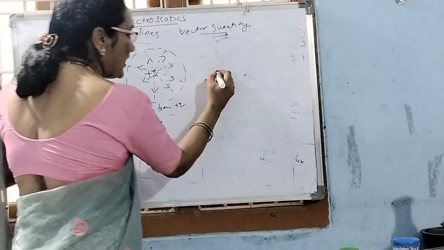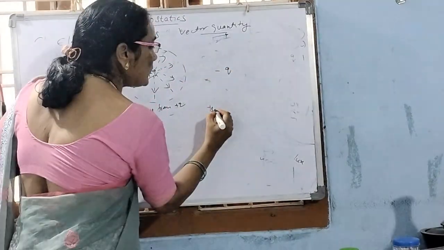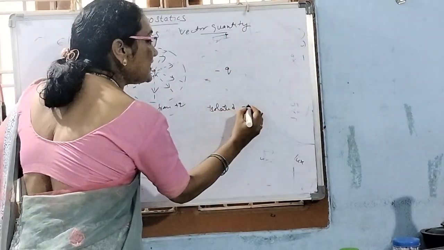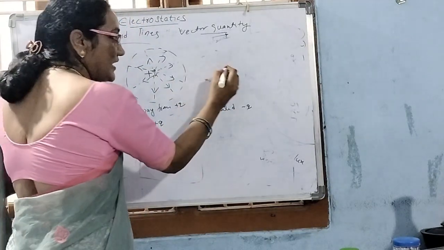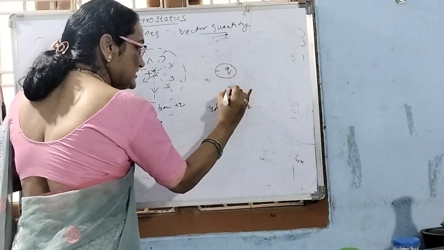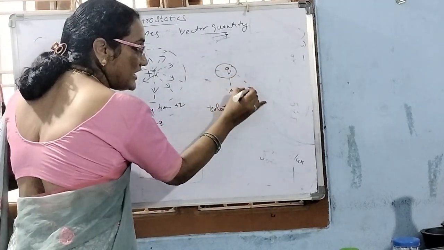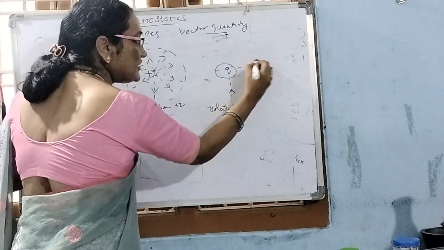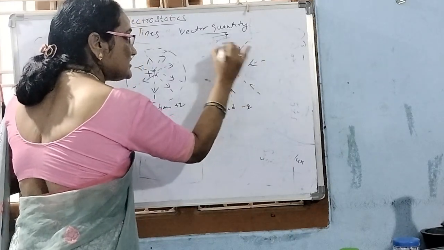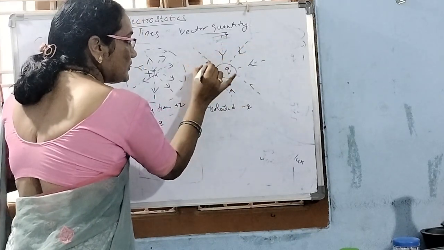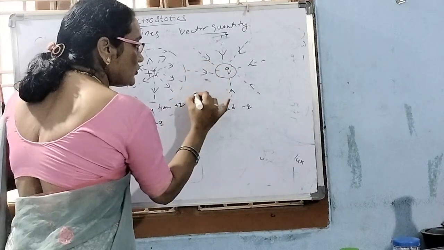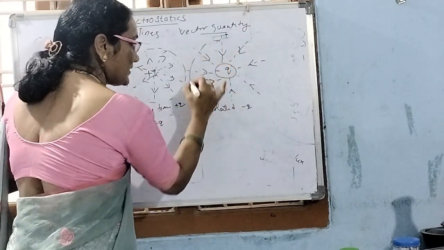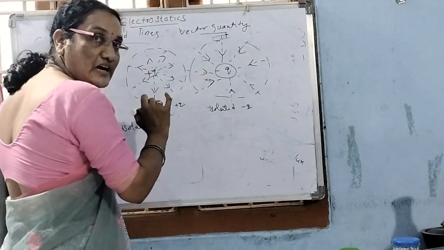Now next, if I take an isolated negative charge, then flux lines from infinity move towards the negative charge.